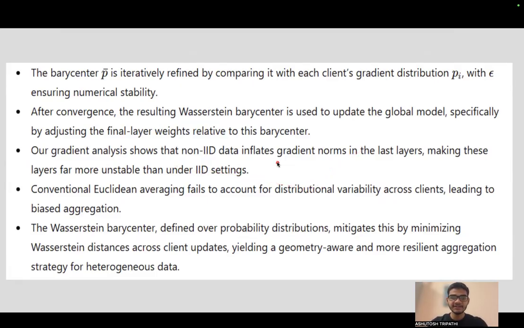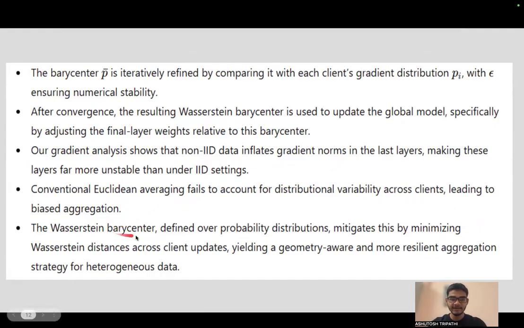And as we have already discussed, we are doing this for only the final layers, because only in the final layers gradient norms are fluctuating. So at that place, conventional Euclidean averaging fails to account for distributional variability across clients, leading to biased aggregation that will induce an unfair global model.